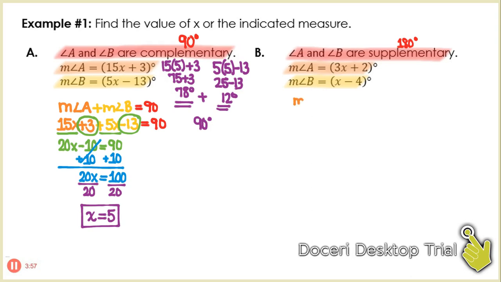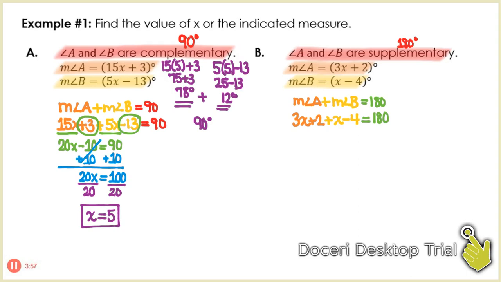So we have the measure of angle A, which happens to be 3x plus 2, plus the measure of angle B, which happens to be x minus 4, is going to be equal to 180 degrees.